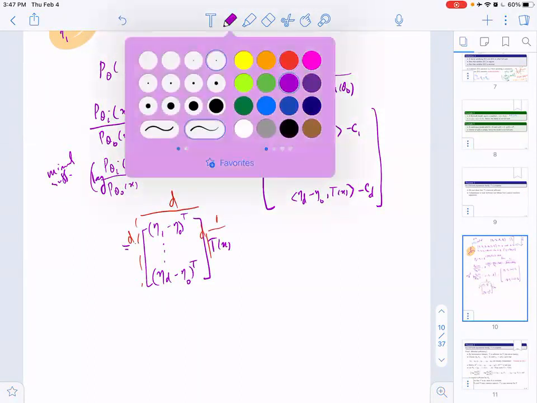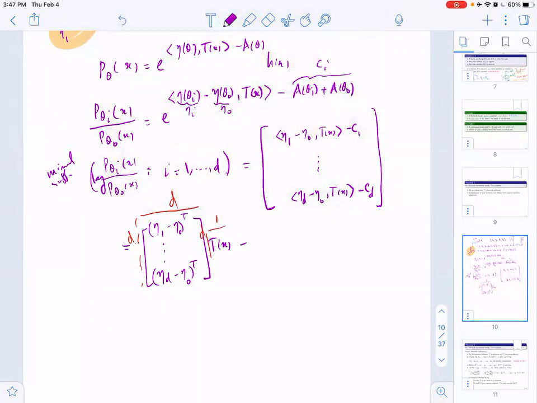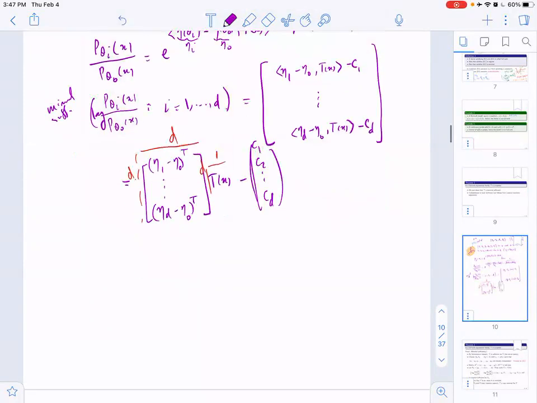And then I add negative c_1, c_2, up to c_d, right? So now this matrix, this A, is full rank. So you can see the connection with it. Full rank as a matrix.